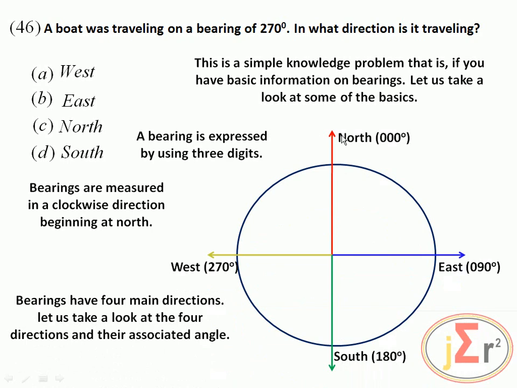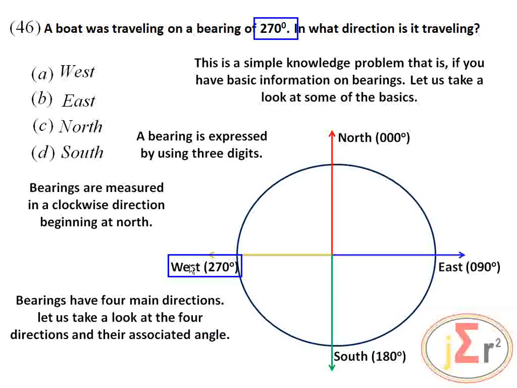North is associated with 000 degrees. East, 90 degrees. South, 180 degrees. And west, 270 degrees.